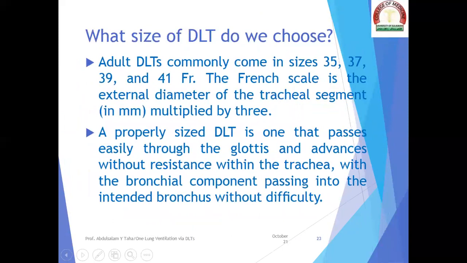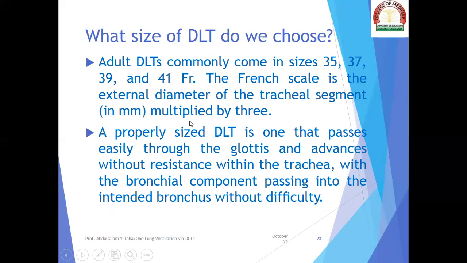The second question: what size of double lumen tube do we choose for our patient? Adult double lumen tubes commonly come in sizes 35, 37, 39, and 41 French. The French scale is the external diameter of the tracheal segment in millimeters multiplied by 3.